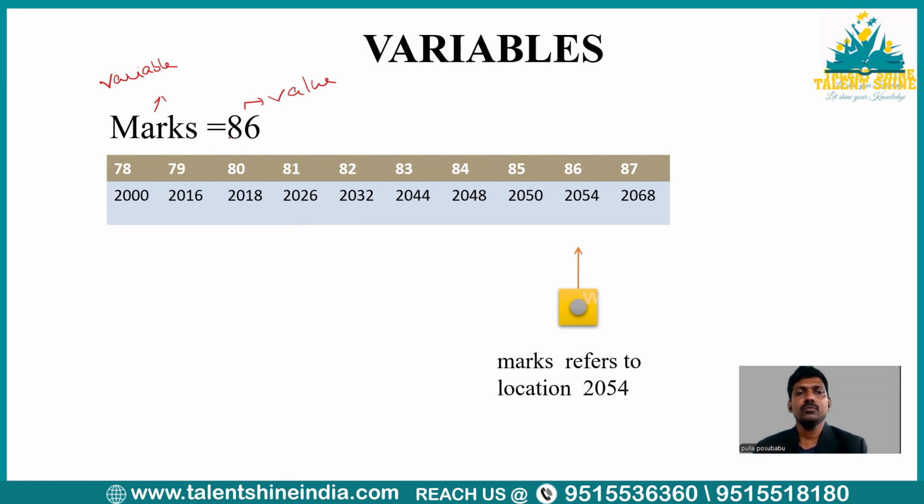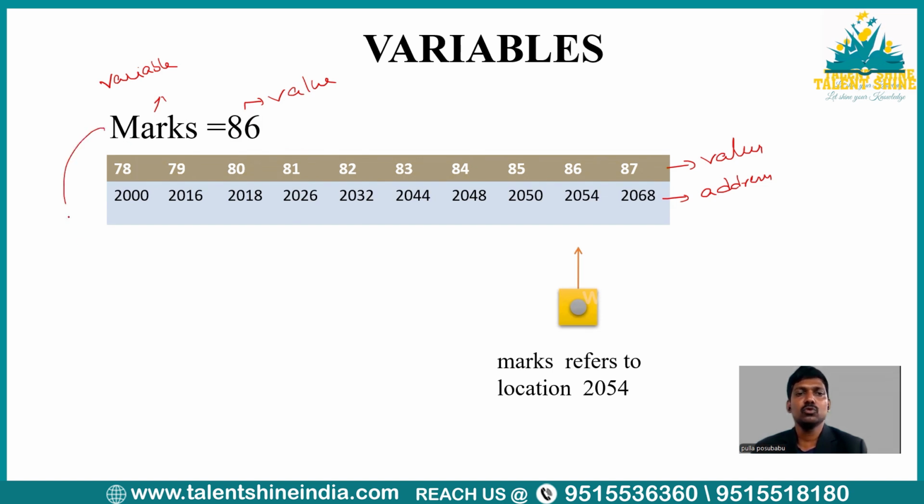Now, if you want to access this value, how do you access it? Through the variable. In the first line you have values, and in the second line the address. If you want to access this 86, you call it with the variable, which is marks.